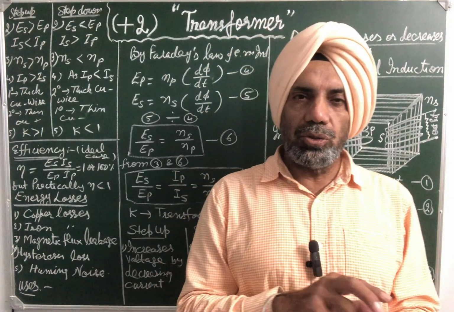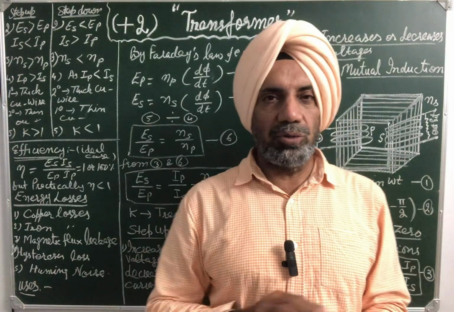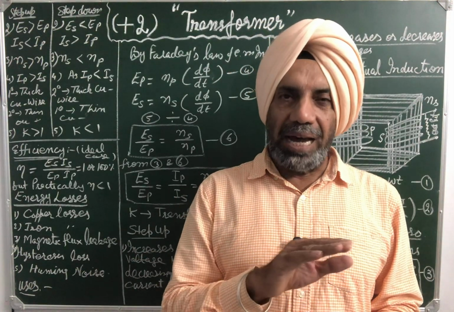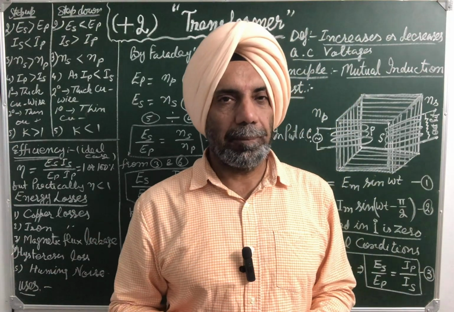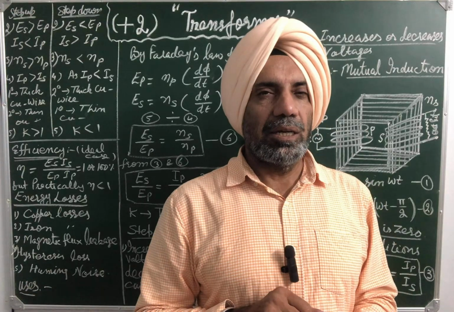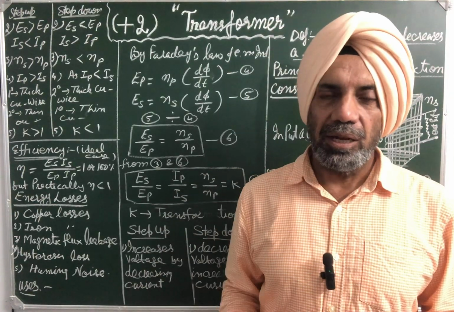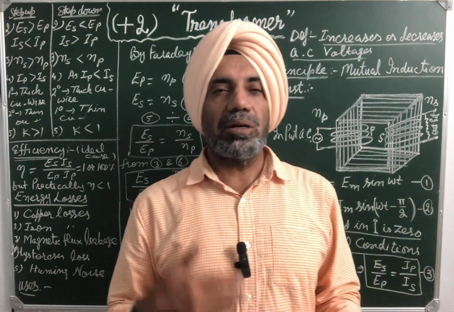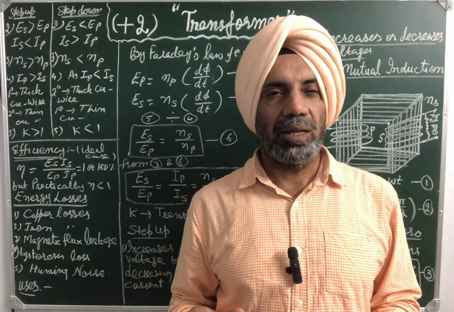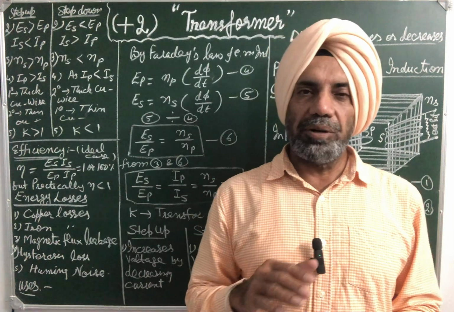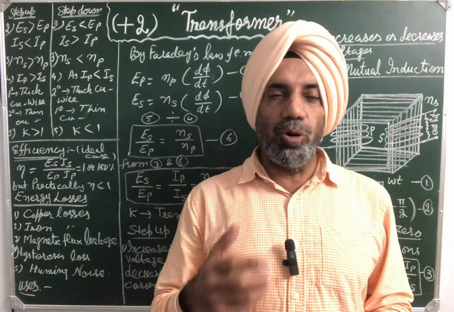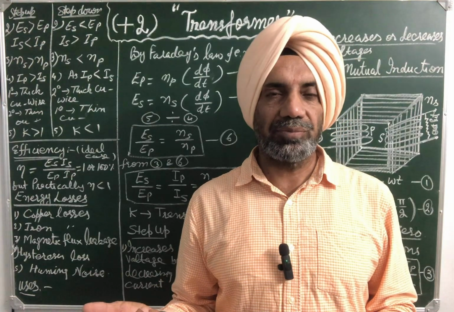Because if we do not step up voltage at the generating station, a large current will pass through the wires and there will be loss of energy. To avoid loss of energy, we would have to use thick copper or aluminum wires, so there will be more cost of installation.